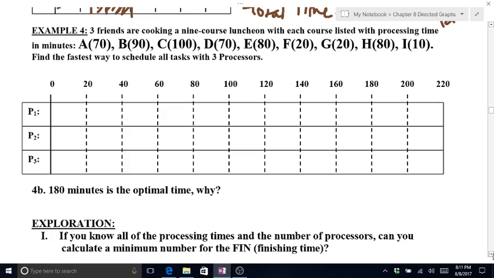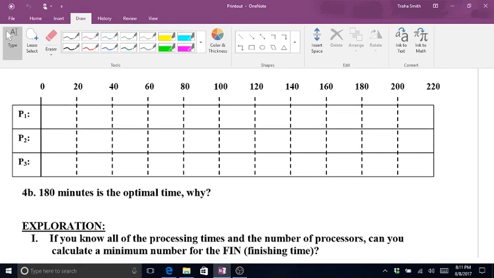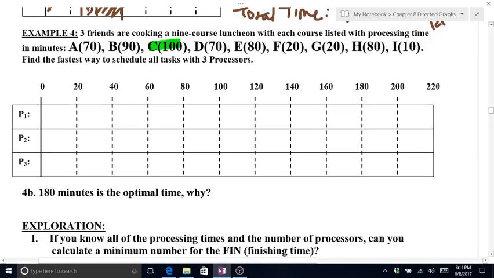So the first thing we need to do is figure out the total amount of time we have here. So if we add all these up, that's 100, that's 200, 300, 400, 540.